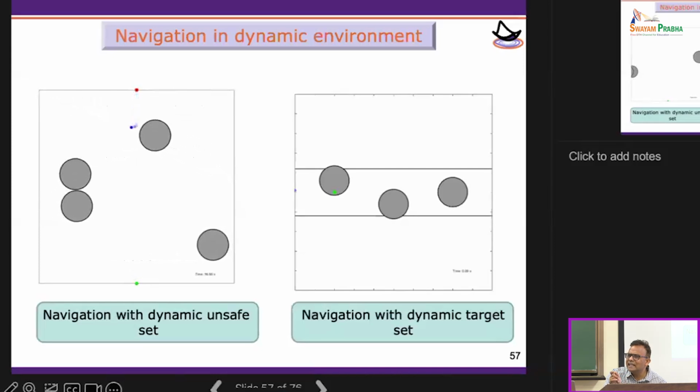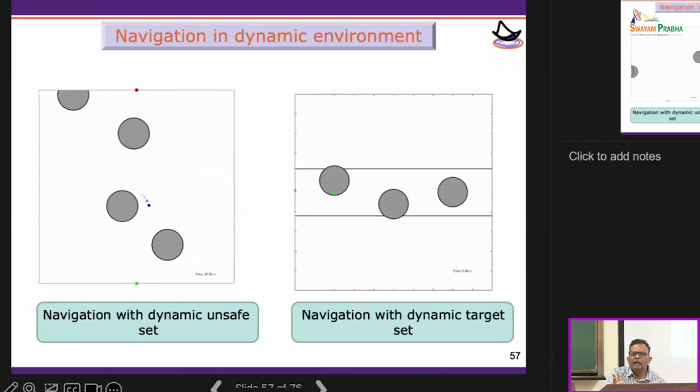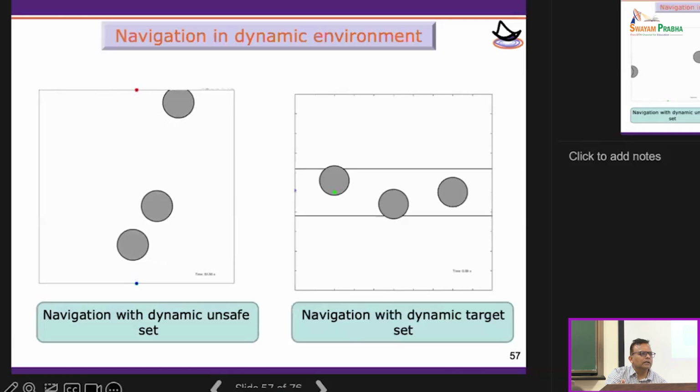In the static case, h of x is not a function of time. In the dynamic case, you make h a function of time. That's it. And then again, you can do it without global knowledge of the dynamic environment, just the local knowledge based on local sensing.